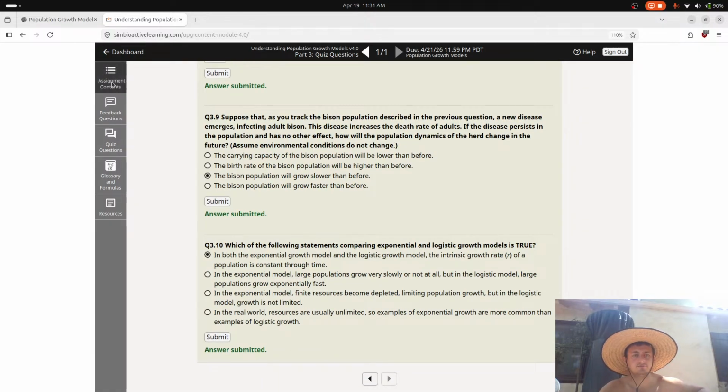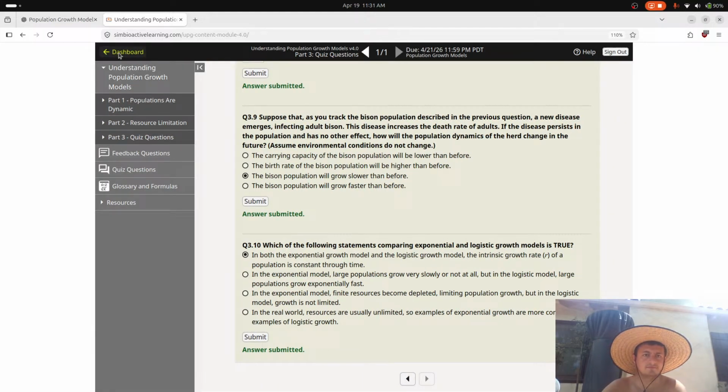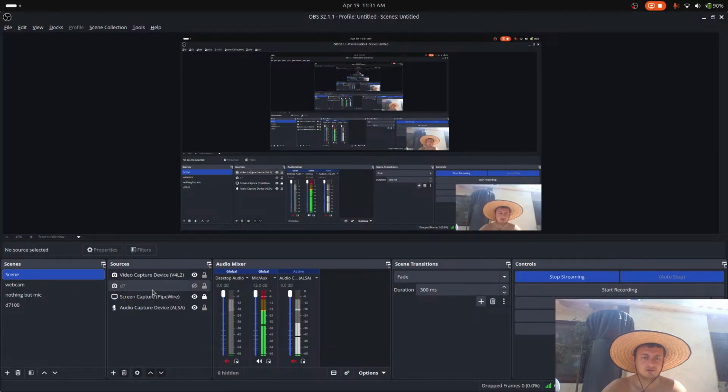I think I'm done, right? That's the whole thing. Hold on, I just want to make sure that the dashboard doesn't have my stuff on it. Oh wait, I can view my score, but can I view?